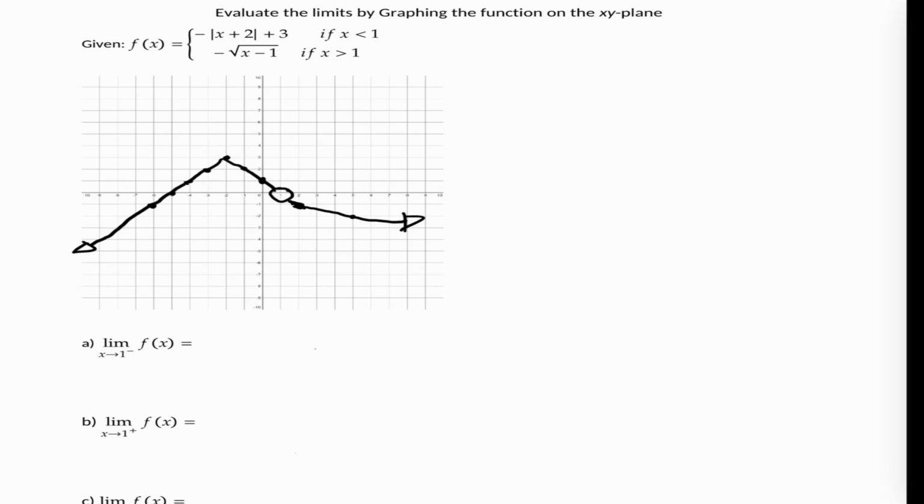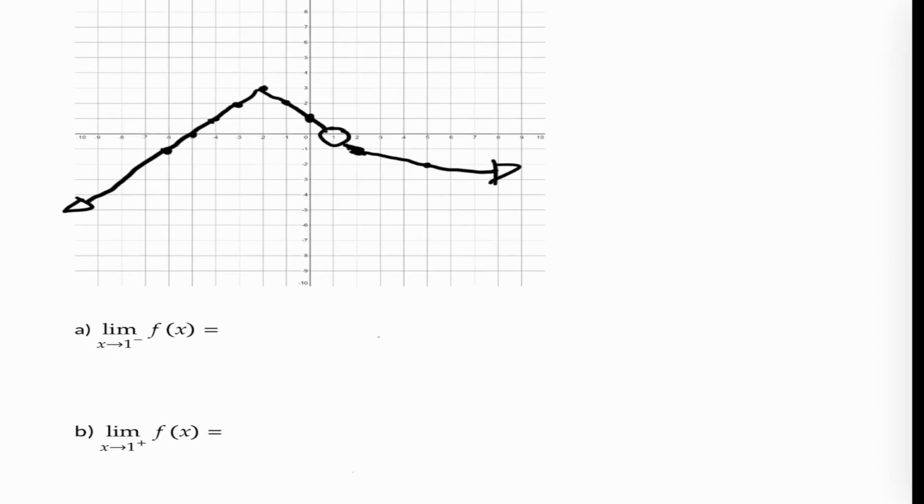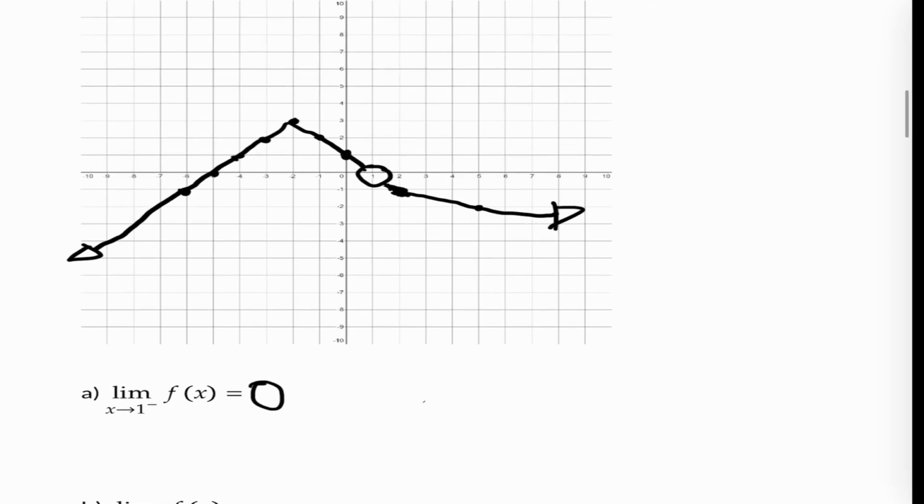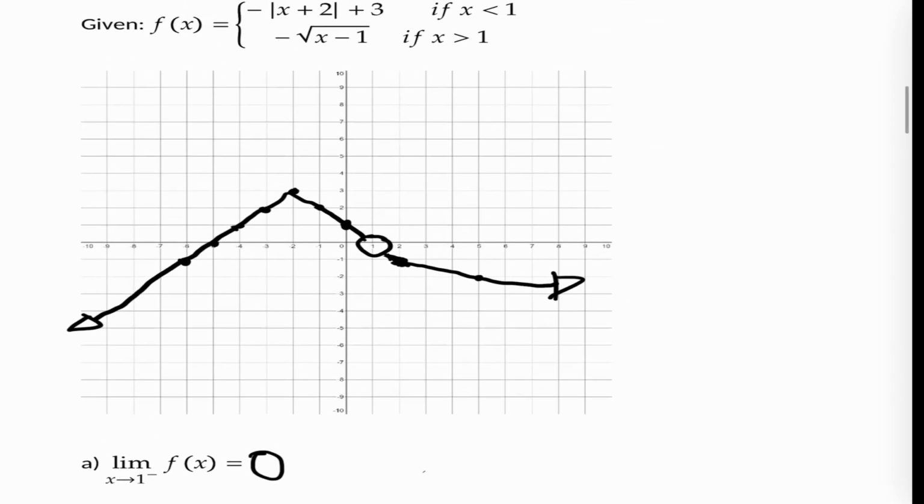Now that we made the graph, let's evaluate the limits below. For the first one, it says limit x approaching 1 from the left side. From the left side, it approaches 0, so our answer is 0. We can also plug in 1 to our equations above. Our domains are x less than 1 and x greater than 1 for these two equations.